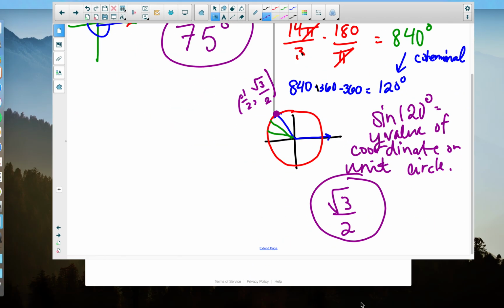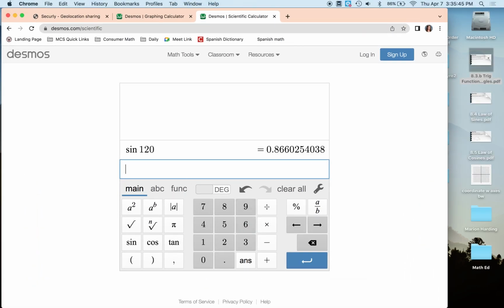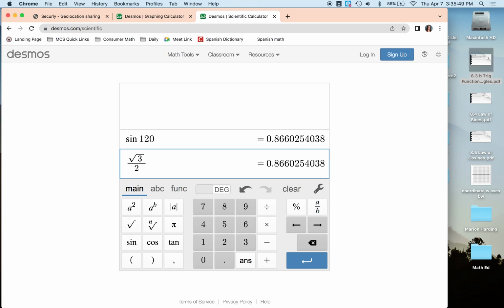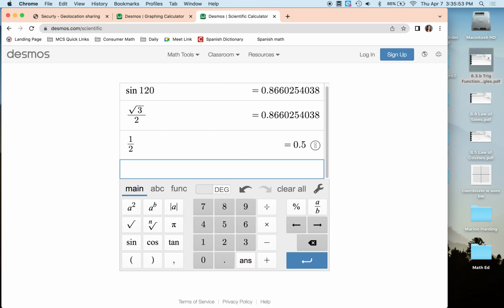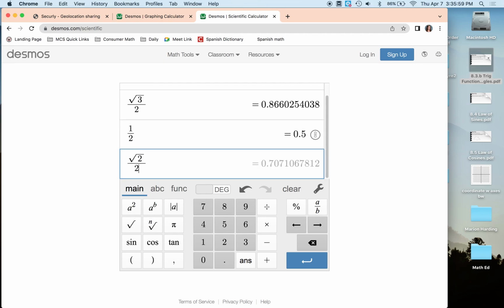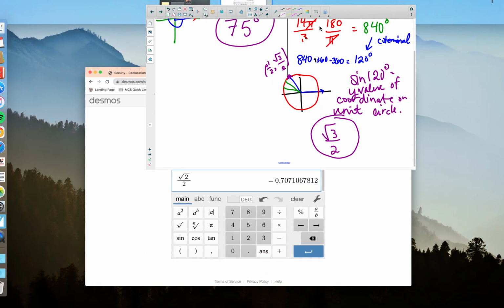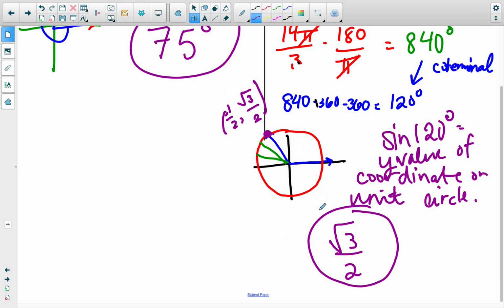So you have to recognize this. Chances are, guys, your answers are either going to be square root of 3 over 2, which, look at that decimal value, or the other possible coordinate that we have is 1/2, or square root of 2 over 2, which has this decimal value. So you can reason through which option it is by using your calculator, but this is how you get there directly, okay?